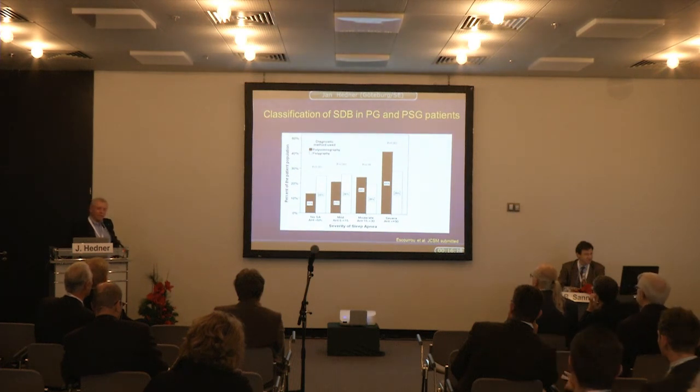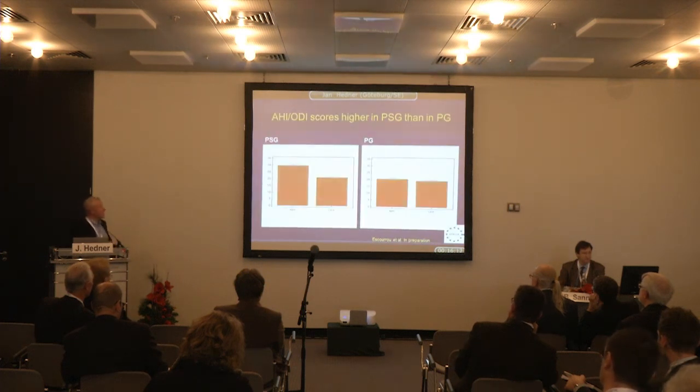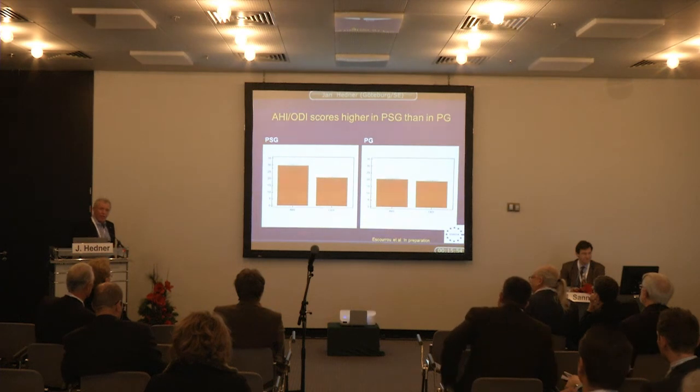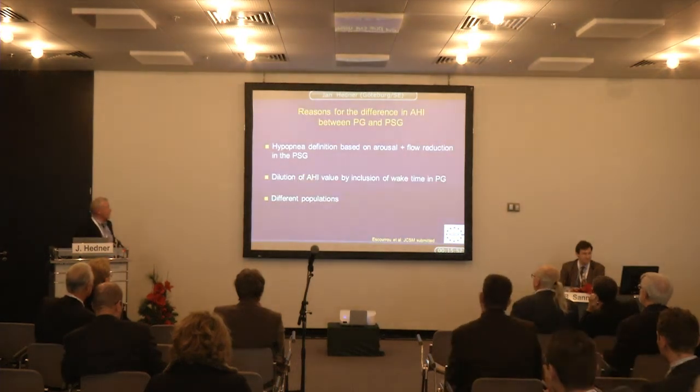So there is something massively different between the PSG and the PG recordings in this setting, and what's that? You can also illustrate that by looking, for instance, at the AHI derived by a PSG in the material or an AHI derived by a PG, and compare this to an ODI derived by PSG or an ODI derived by PG. The differences in here, we have been looking into and dwelling on a little bit further.